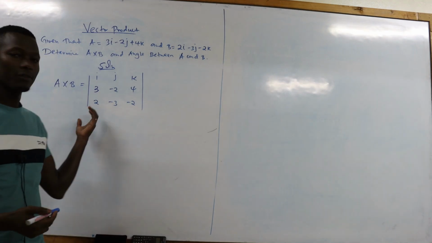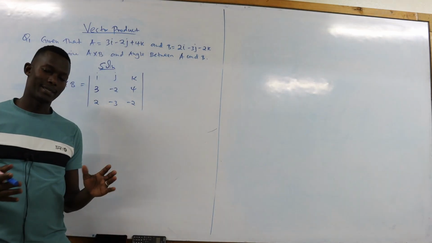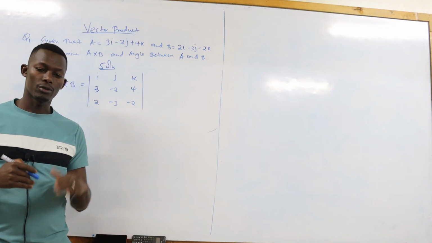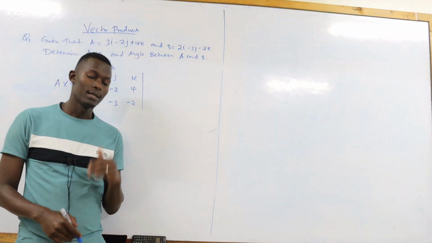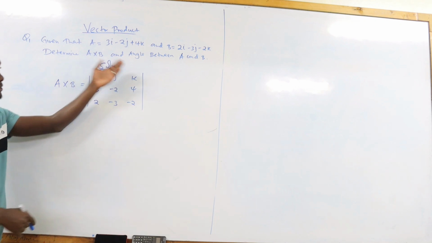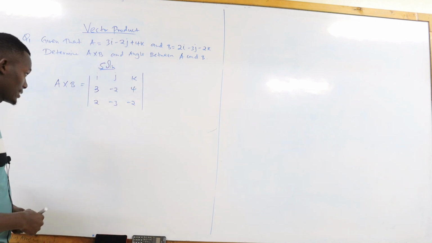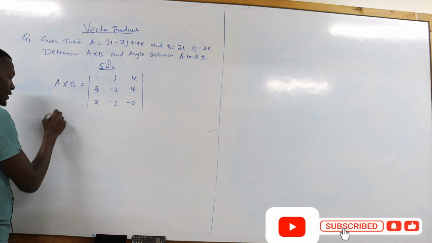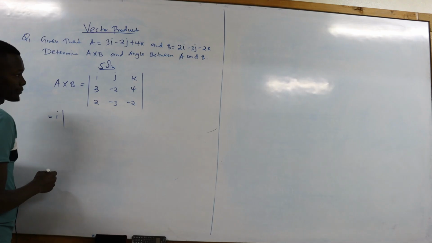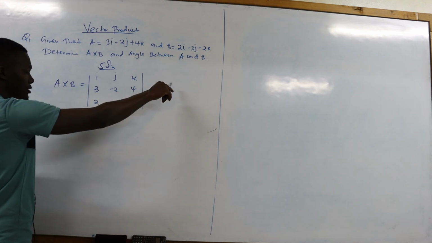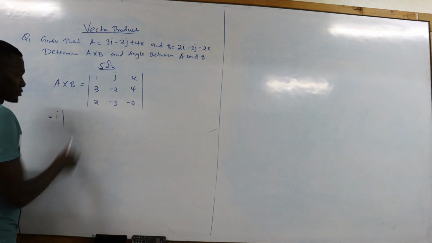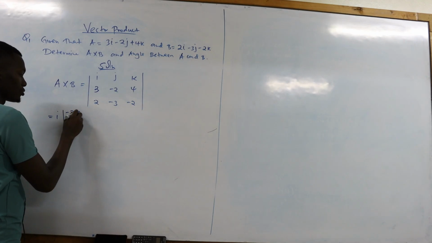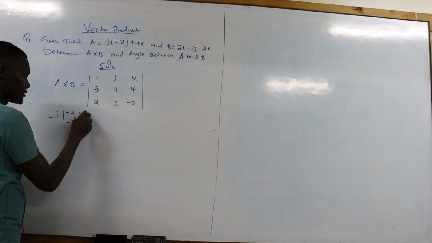Now, what does it mean when you have straight lines on a matrix? Straight lines mean you get the determinant, and that is what we're going to be getting. For i, I cross the column and I cross the row, so I remain with the matrix negative 2, 4, negative 3, negative 2.